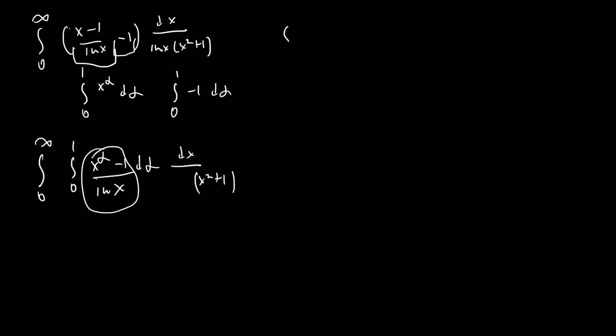We're going to get the integral from 0 to infinity of the integral from 0 to 1 of the integral from 0 to alpha of, I guess I'll use beta, why not, right? x to the beta d beta d alpha dx over x squared plus 1.